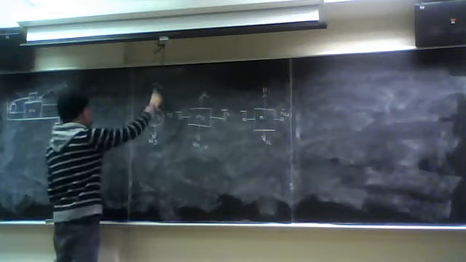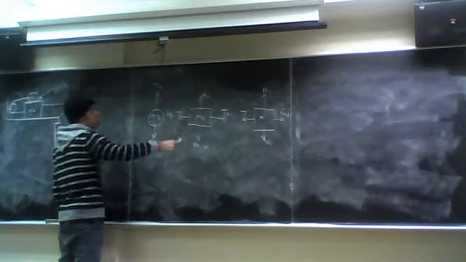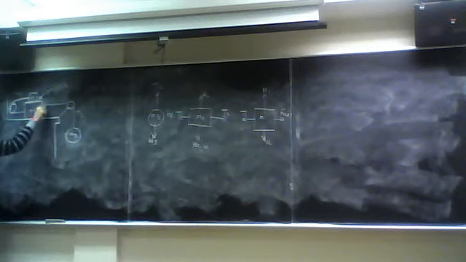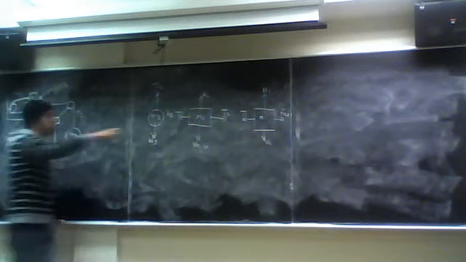There's friction between these two here. So look, the first one has its weight and the tension going up. Then the second one has the tension going this way and the tension going this way. This is T2, this is T1. So that's why I put T1 and T2.